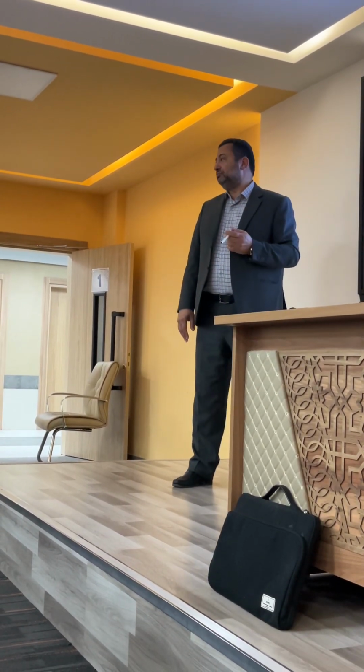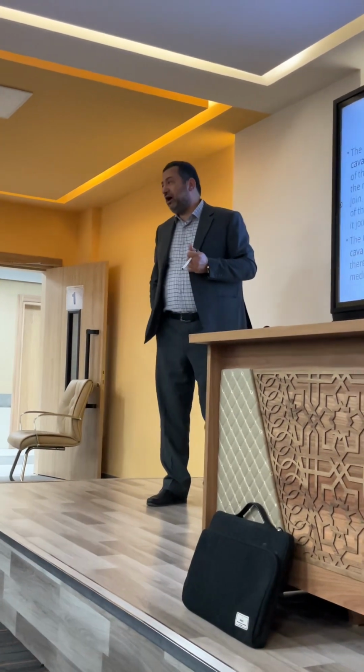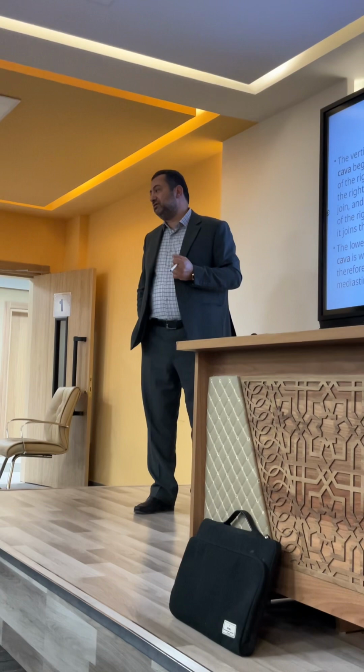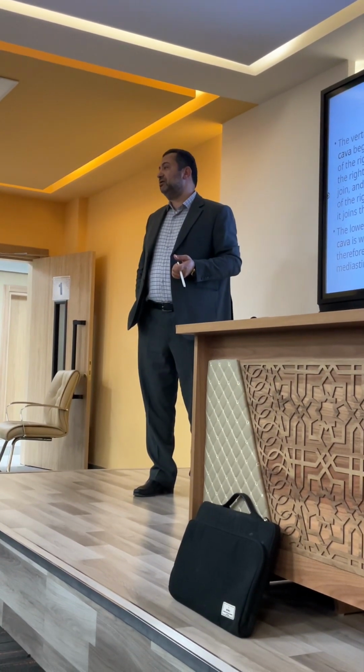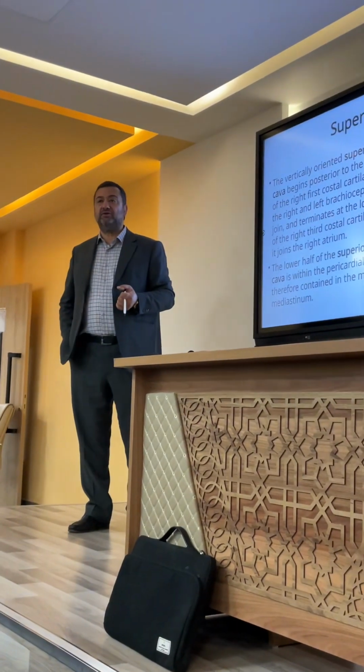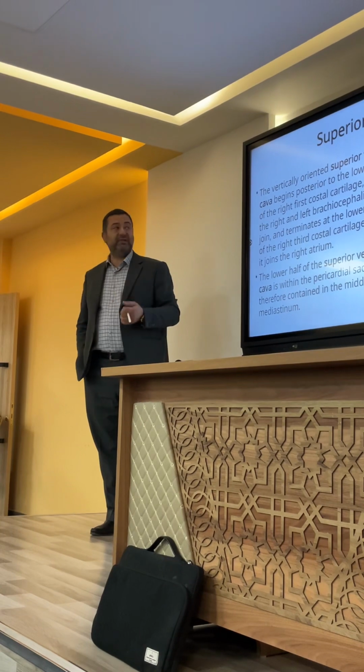I told you, I said superior vena cava has 7 centimeter length. Half of this vein is located in the superior mediastinum and inferior half in the pericardium, in the middle mediastinum.